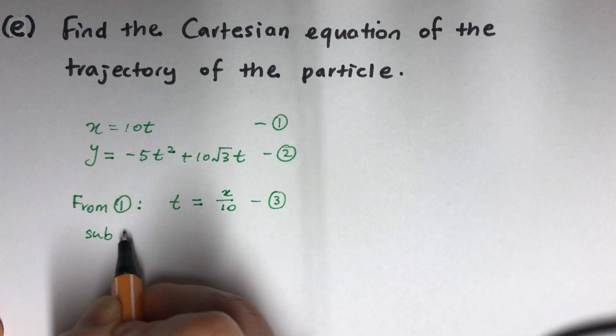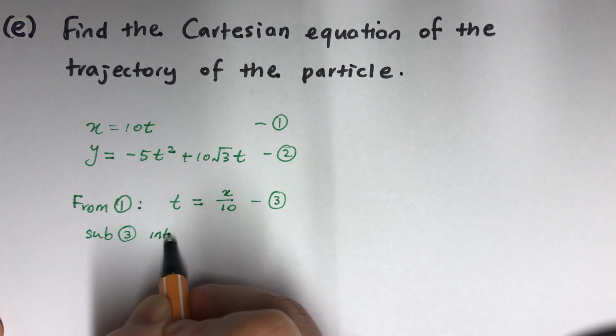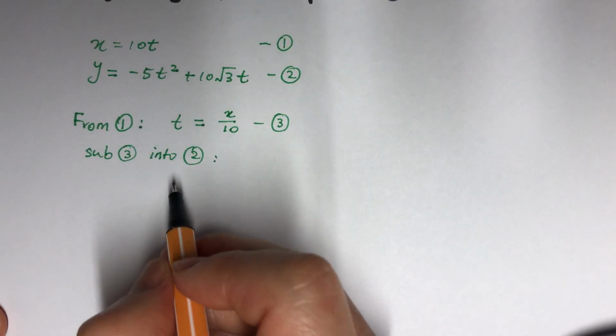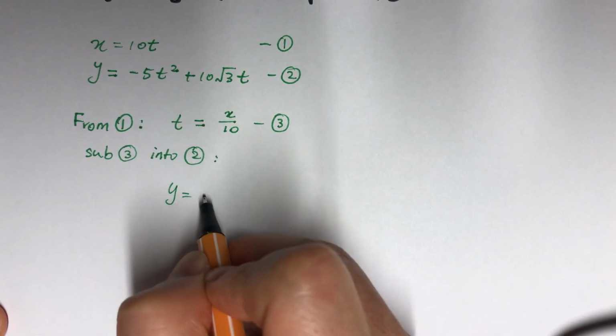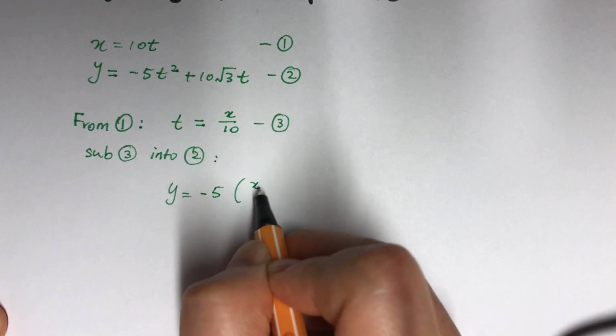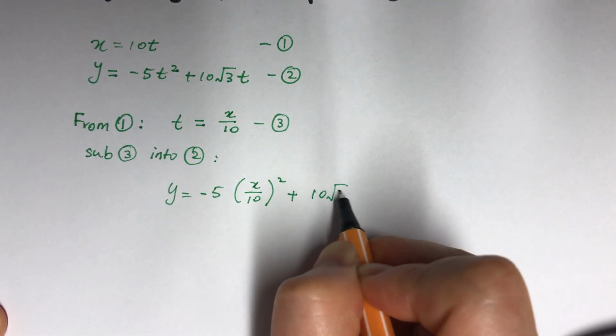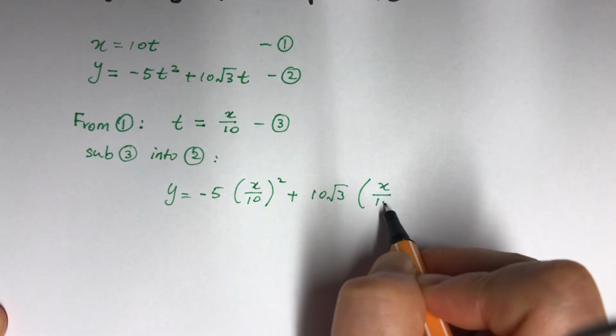So sub 3 into 2. Okay. So if I do that, I'll get y equals minus 5 times x over 10 squared plus 10 root 3 times x over 10.